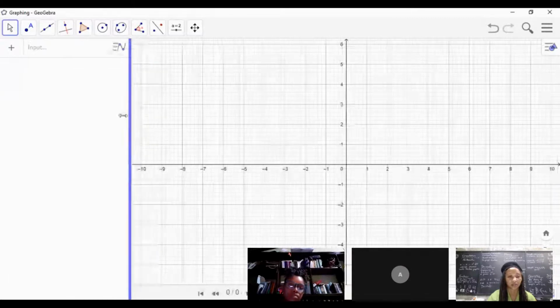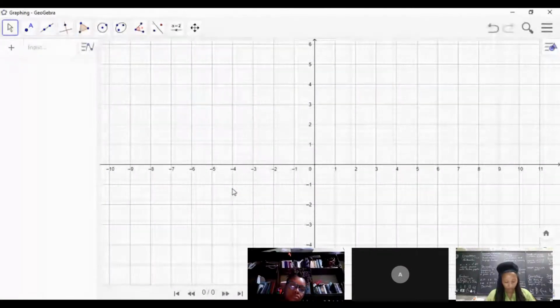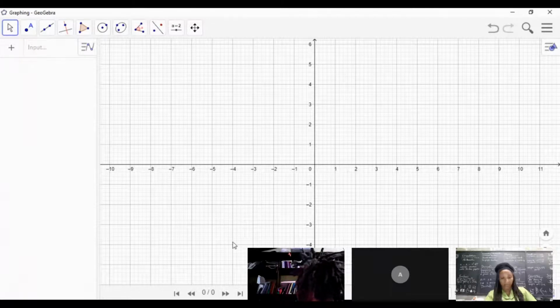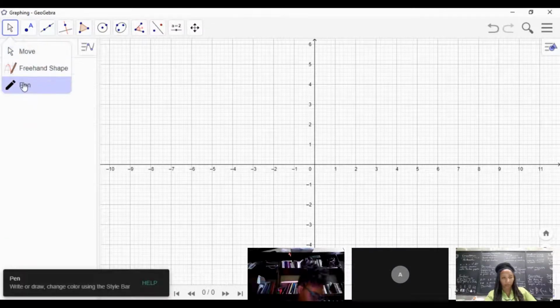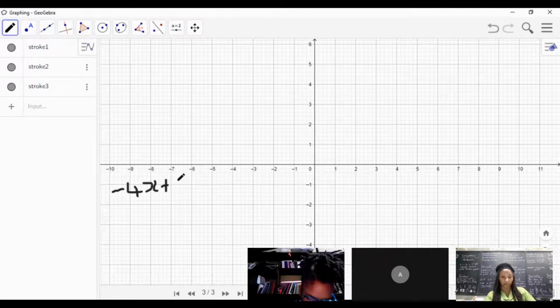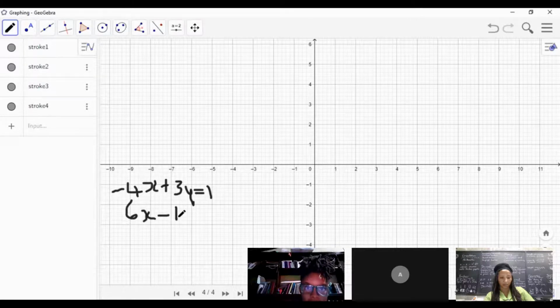All right. So the two equations are negative 4x plus 3y equals 1, and 6x minus y equals 2.